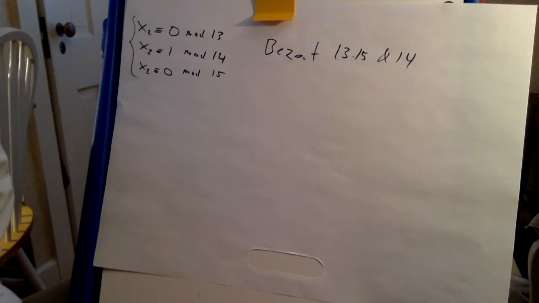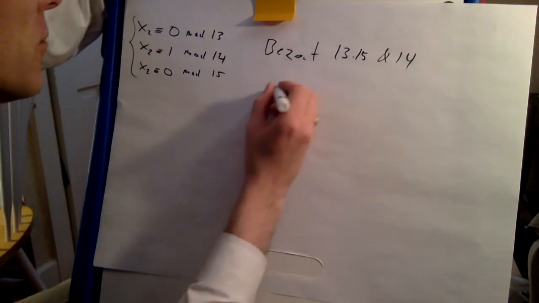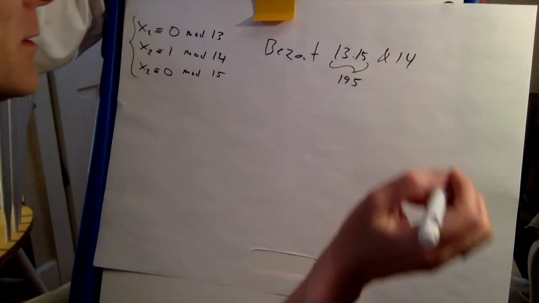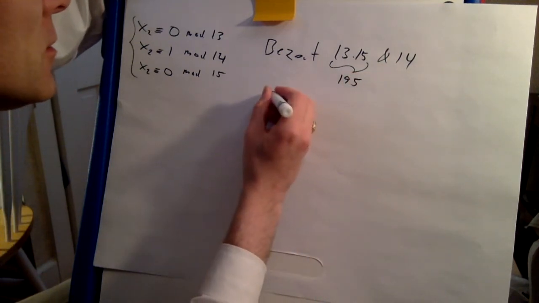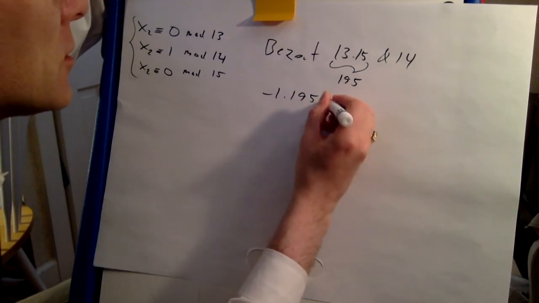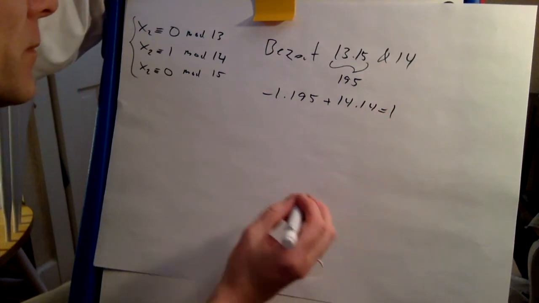That's a favorite multiplication rule. So 13 times 15 is 195, 1 less than 14 squared. So minus 1 times 195 plus 14 times 14 is equal to 1.